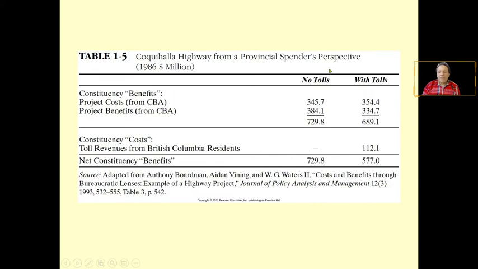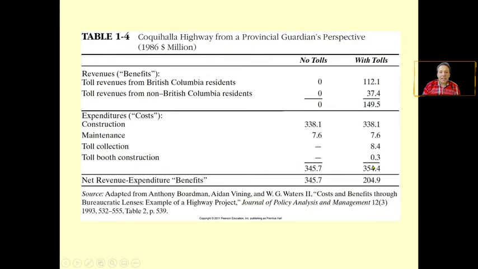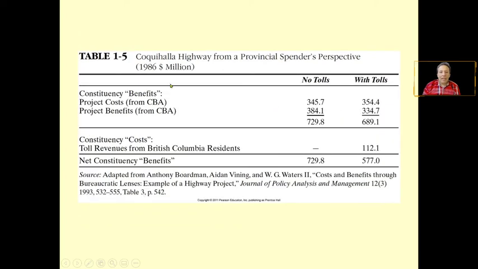So with no tolls, you can see the net benefits are 729, and with tolls 577. There is a huge difference in how to classify the costs and benefits from perspective to perspective.